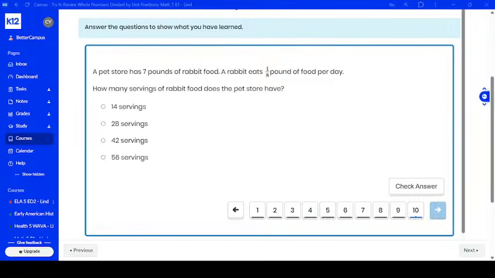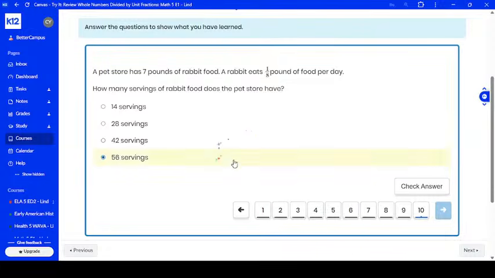You have 5 seconds to answer. 5, 4, 3, 2, 1. The answer is 56, which is D.